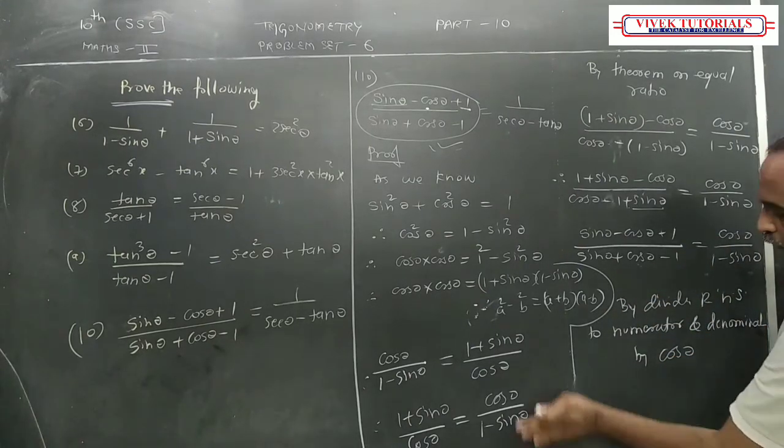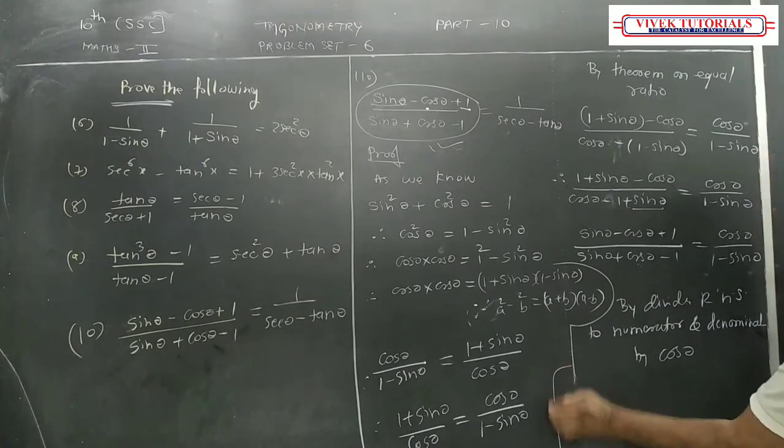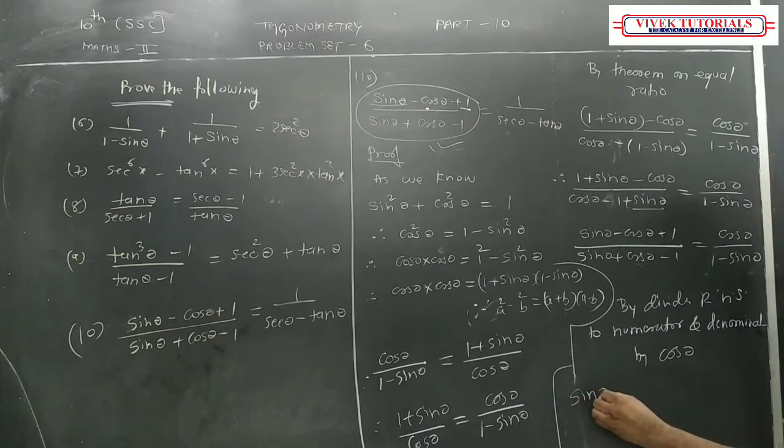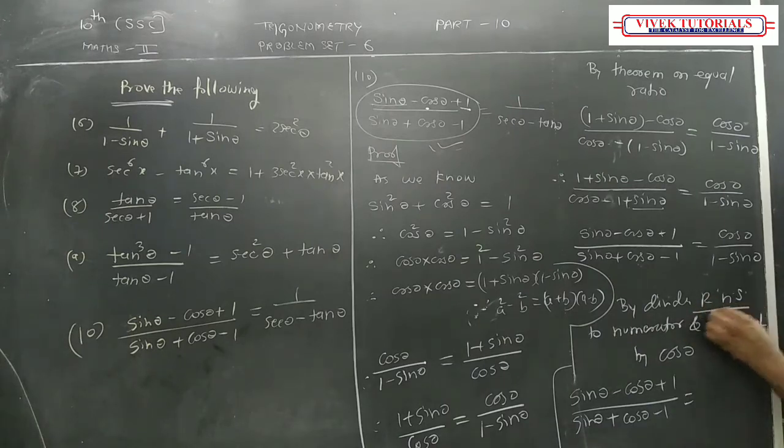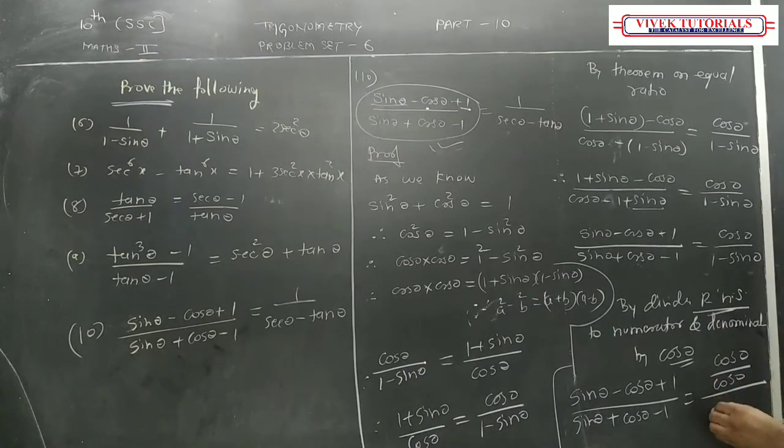What we get is sin theta minus cos theta plus 1 upon sin theta plus cos theta minus 1. Now we are going to divide the right hand side numerator and denominator by cos theta: cos theta upon cos theta, and here 1 minus sin theta upon cos theta.